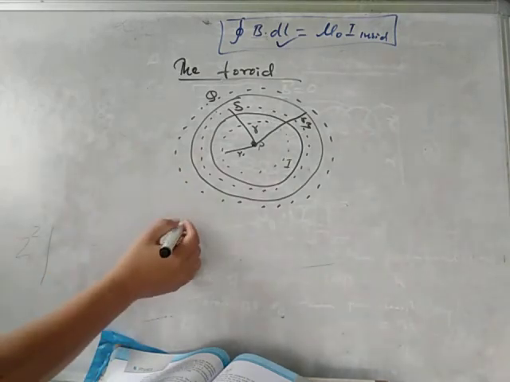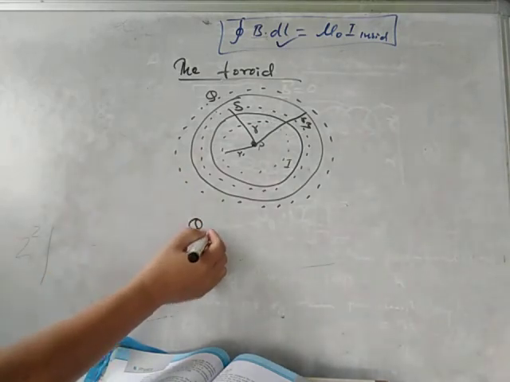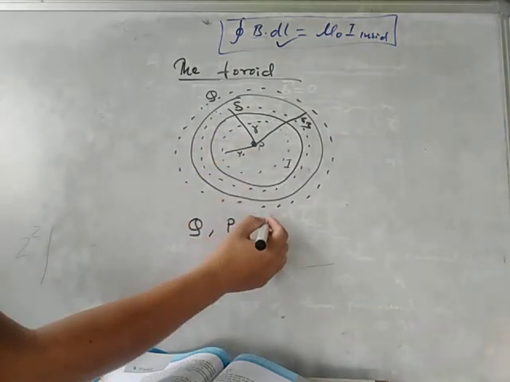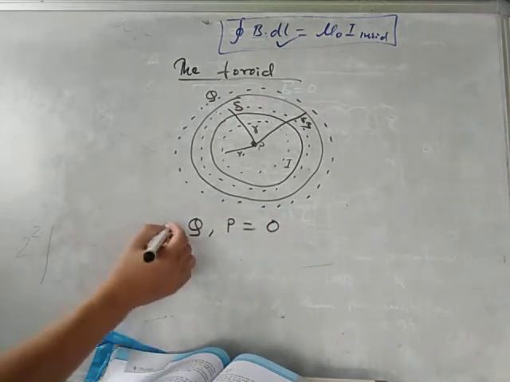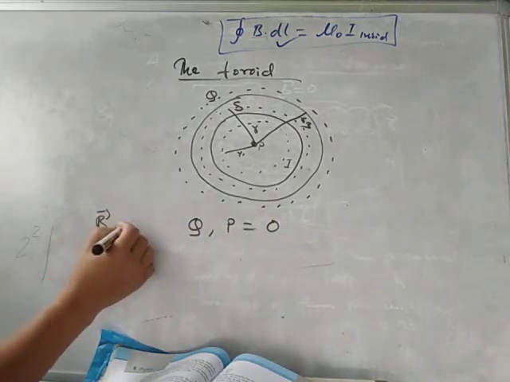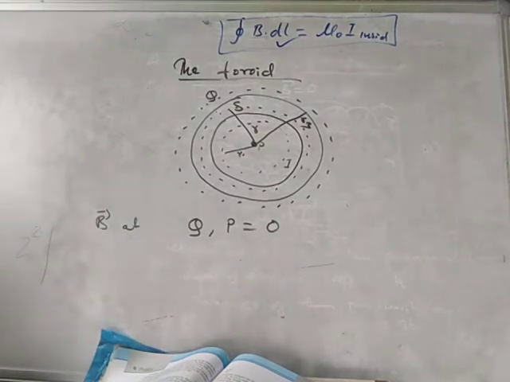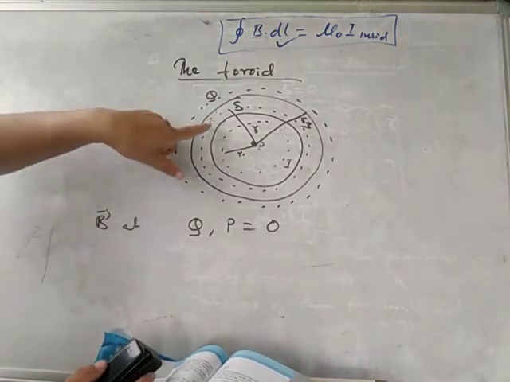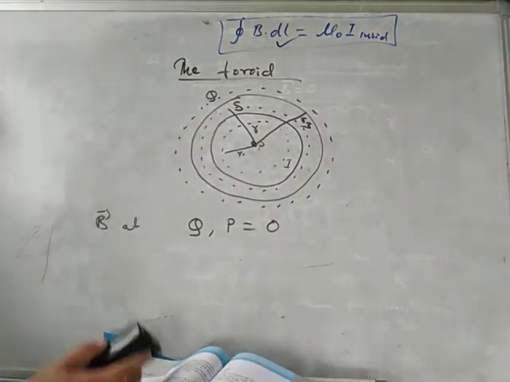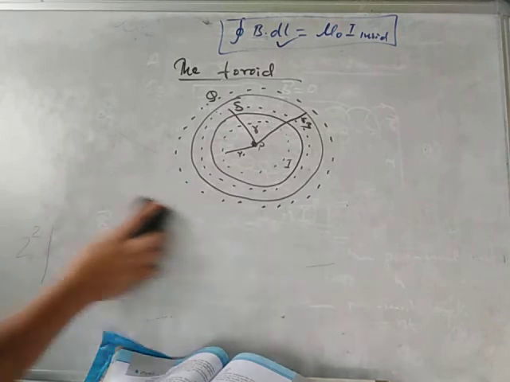So already we know that the magnetic field at Q and P equals 0, isn't it? Right? So we are left with this one, S. So find this.